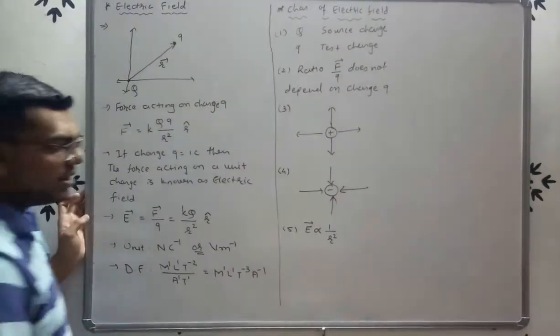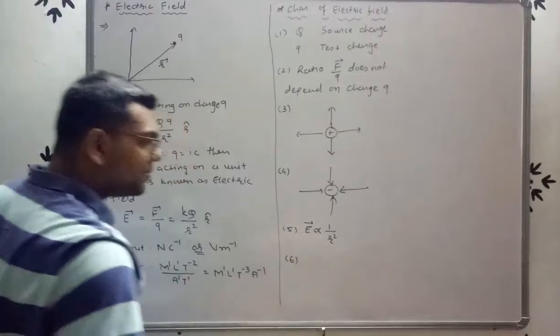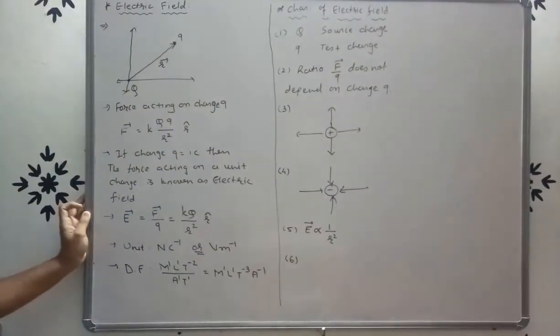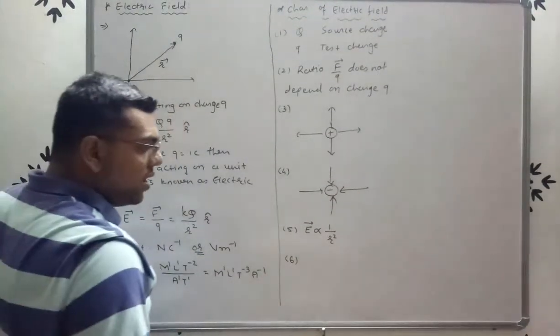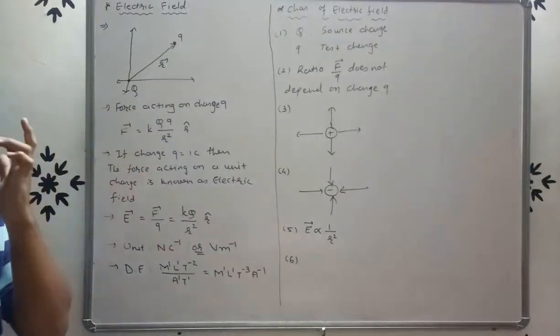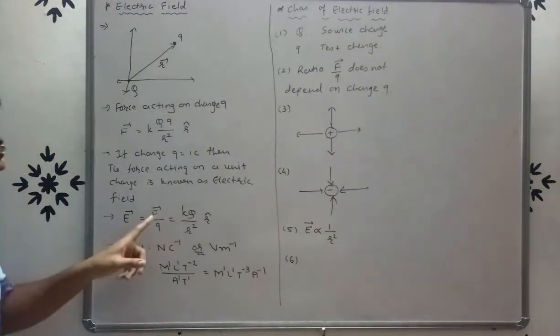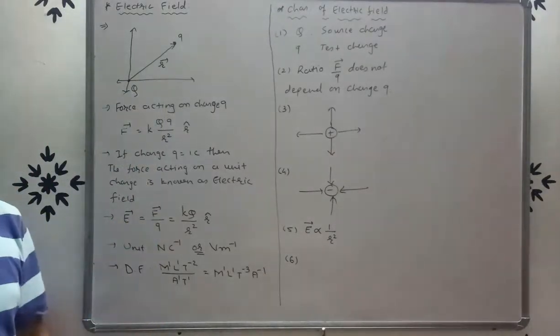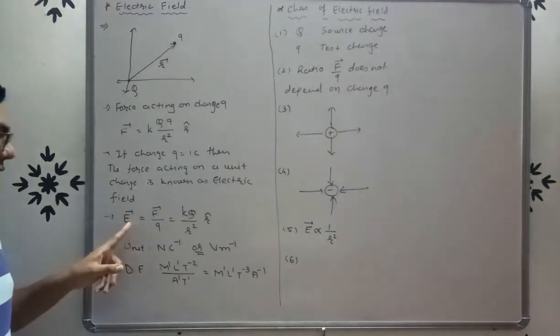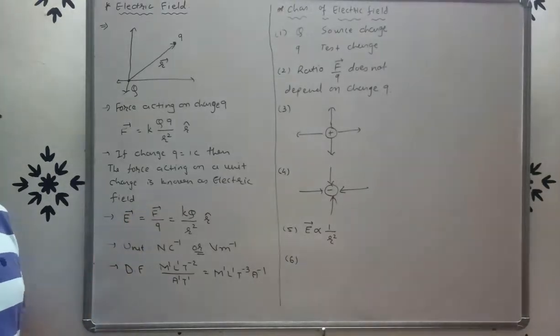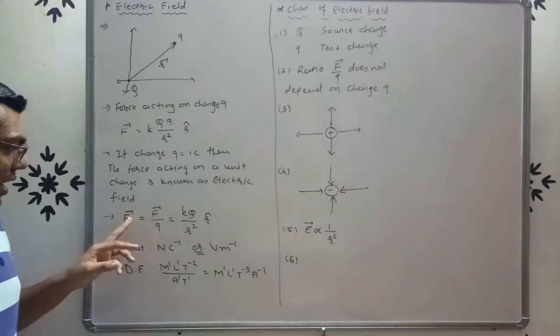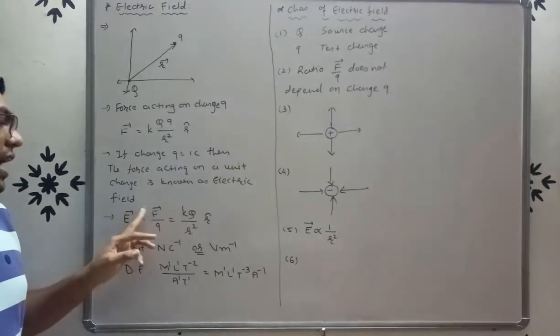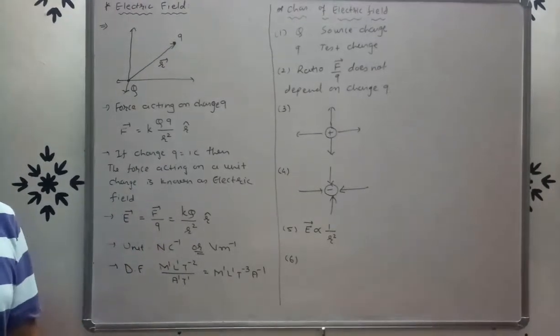Right? Then number 6. The direction of electric field is the same as the direction of force. See here, the equation E equals F by q. Right? So here E and F are vector quantities.